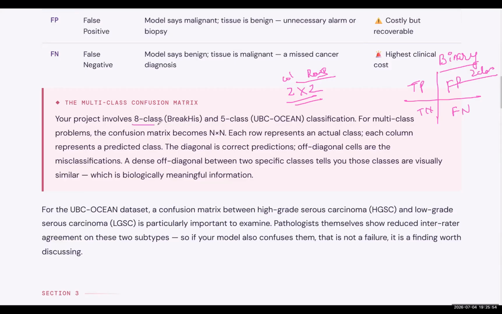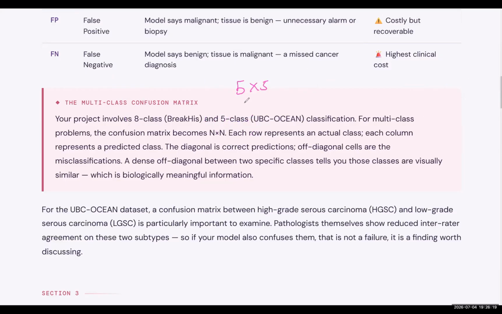We have 8 classes in the breast cancer data set, and 5 classes in the ovarian cancer data set. So when it is 8 classes, you will have a confusion matrix of 8 by 8, so 8 columns and 8 rows. And when you have 5 subclasses, you have a confusion matrix of 5 by 5, so 5 columns and 5 rows are generated.